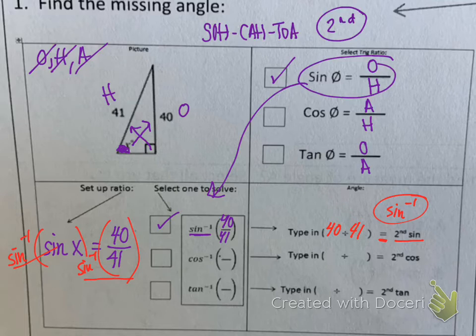So if you hit second sine, don't press equals, you should get 77.3 degrees. So again, to type this in, 40 divided by 41 equals, and then hit second sine, and you should get 77.3 degrees.